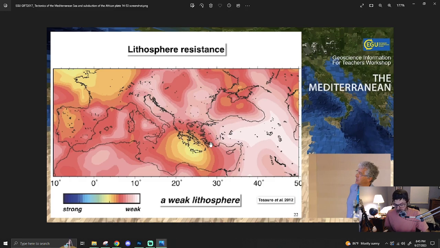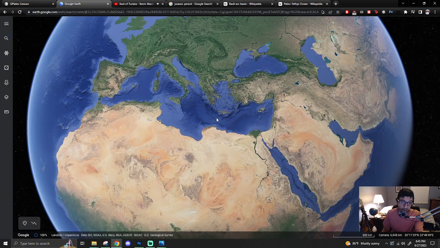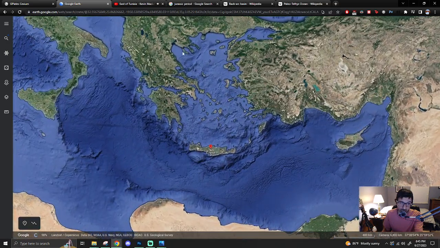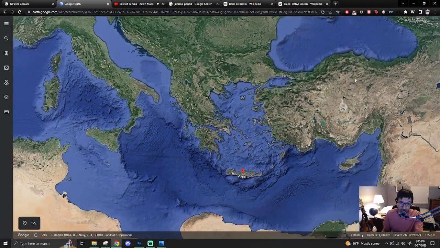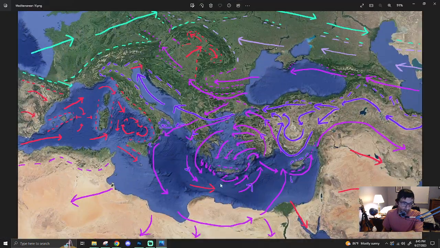So one of the things of note is that the African plate is said to be subducting below Greece and Turkey, which is where this eddy is interacting. So it flows in this way, this eddy. Greece and Turkey.